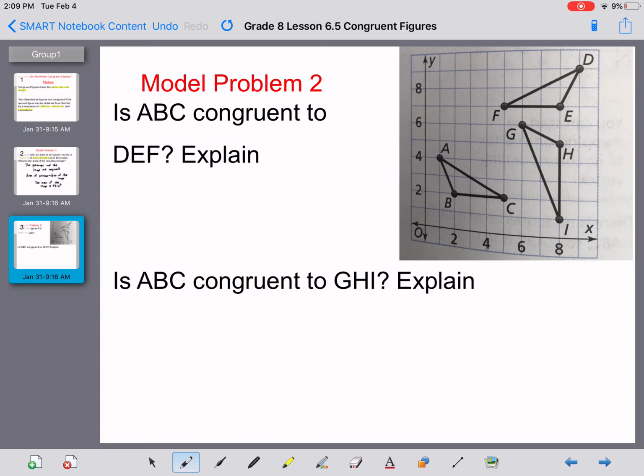Model problem 2. Is ABC congruent to DEF? Explain. And is ABC congruent to GHI? Explain. Take a second to copy down the question and draw a quick sketch of the graph.